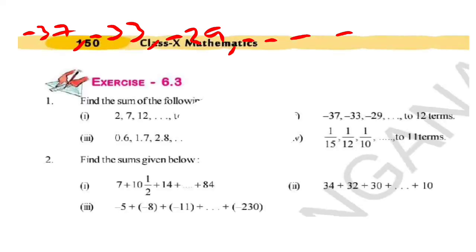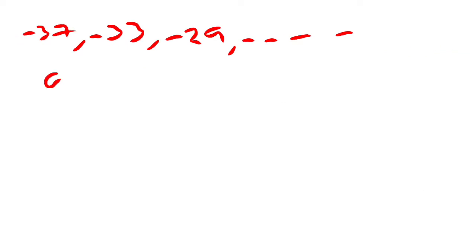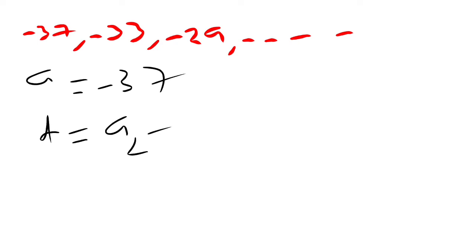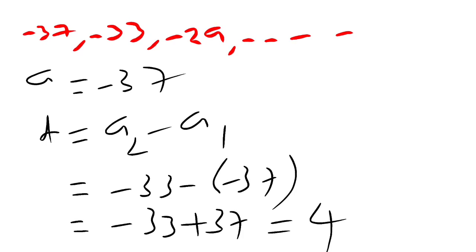Next, second question: minus 37, minus 33, minus 29, dash, and find the sum of the first 12 terms. So here the a value is minus 37 and the d value is a2 minus a1. So a2 value minus 33 minus, take the bracket, minus 37, equals minus 33 plus 37, which is 4.